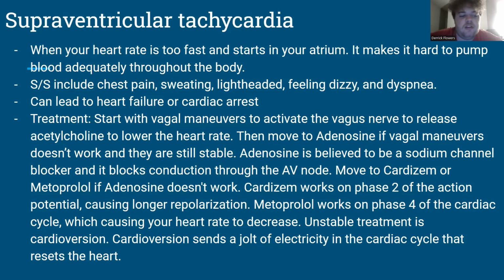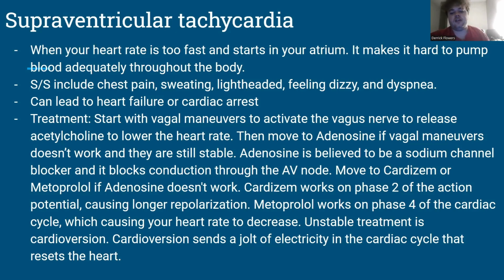Adenosine is believed to be a sodium channel blocker. It blocks conduction through the AV node. That's what it does. Cardizem and metoprolol if adenosine doesn't work and they're still stable. Cardizem works on phase 2 of the action potential, causing longer repolarization. Metoprolol works on phase 4, causing your heart rate to decrease. Unstable treatment is cardioversion.